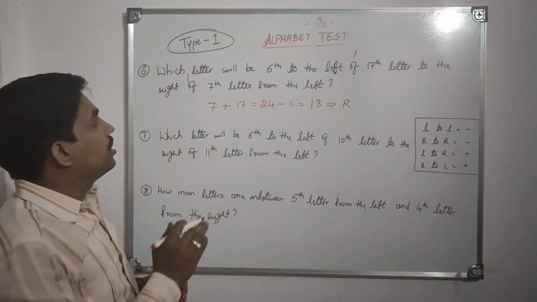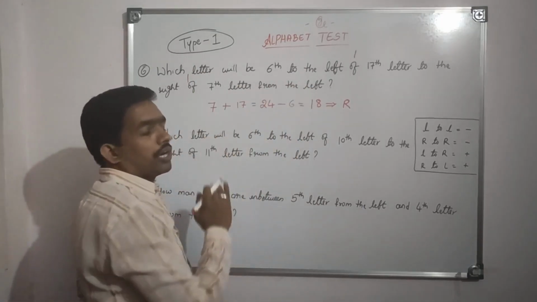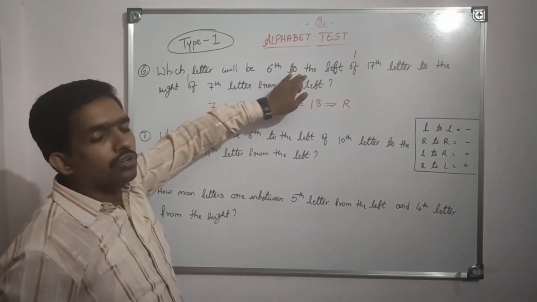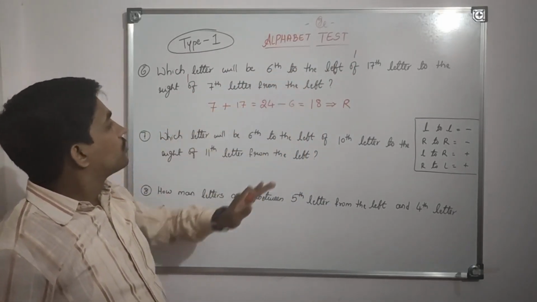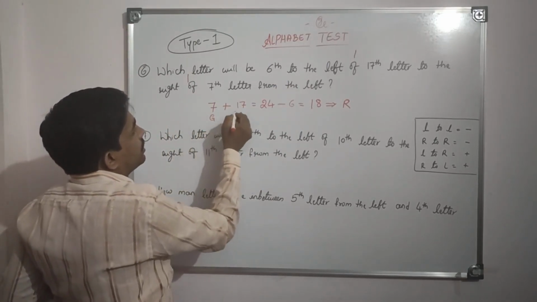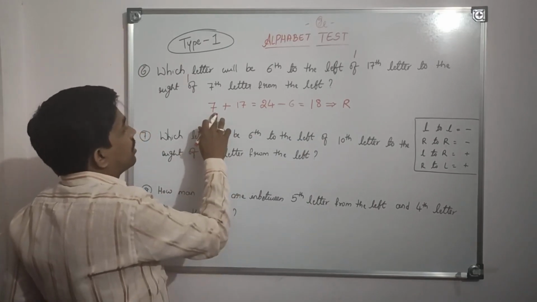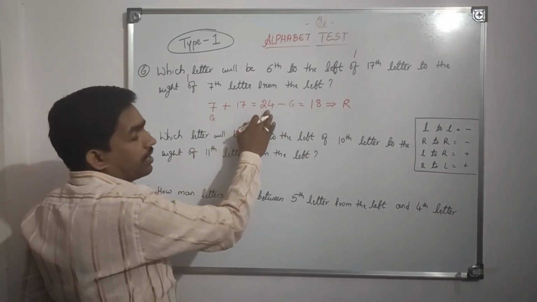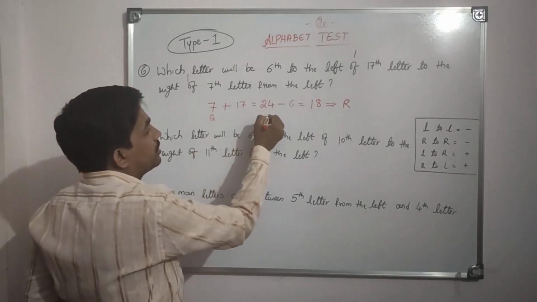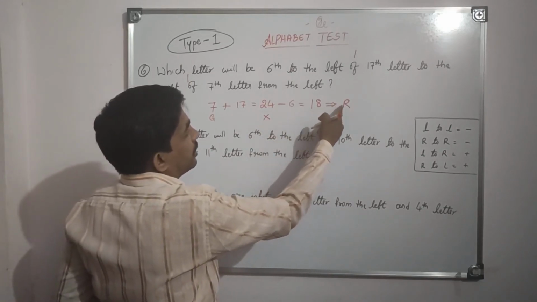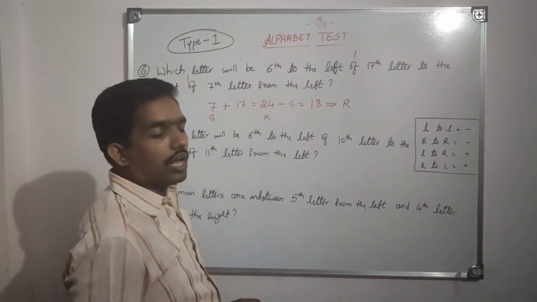So what we did here? First we are taking third part and then we are moving to second part and then we are moving to first part. Okay. So here 7th letter is G. 17th letter, 7 plus 17, so 7 plus 17 is 24. 24th letter is X. And X minus 6, 18th letter is R. R is our answer.